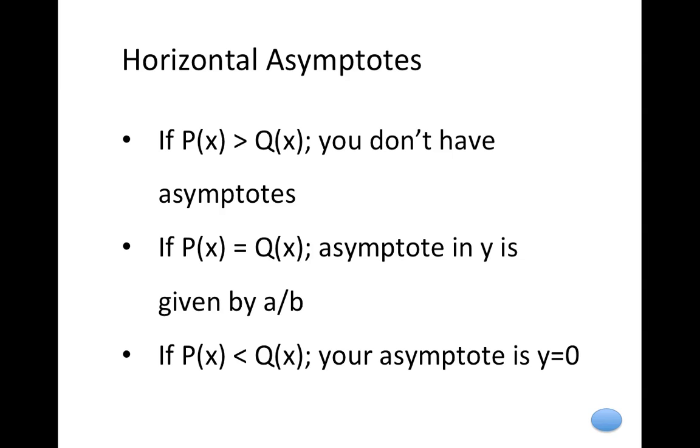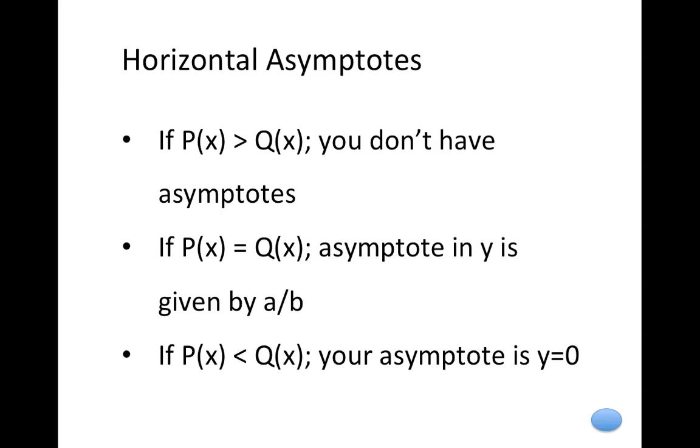How can we get a horizontal asymptote? Here we have three rules. If the degree of P is bigger than the degree of Q, you don't have a horizontal asymptote. If the degree of P is equal to the degree of Q, the asymptote in y is given by a divided by b. And what are a and b? They are the leading coefficients.